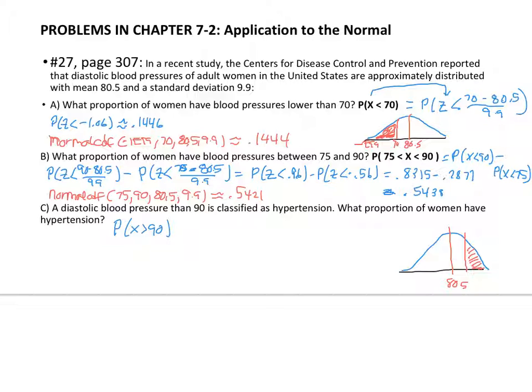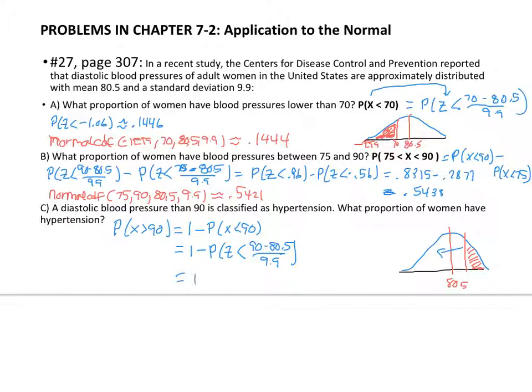But our table only gives us probabilities on this side. So guess what we have to do? This is going to be 1 minus the probability of X less than 90. Now we only have to deal with this probability. So it's 1 minus the probability, changing it to a z-score, that z is less than 90 minus 80.5 divided by 9.9.